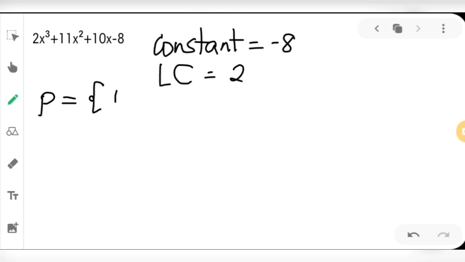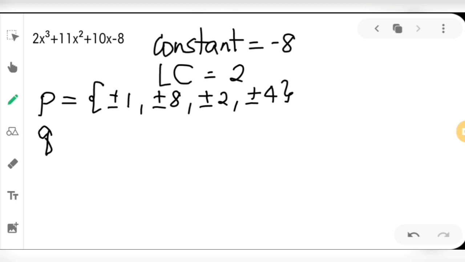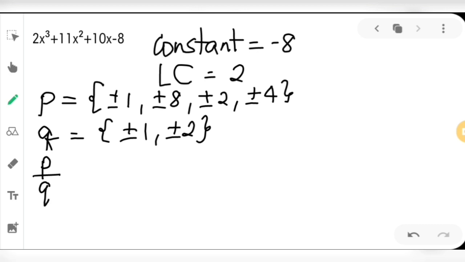So we have positive negative 1, positive negative 8, positive negative 2, and positive negative 4. Now the factors of our leading coefficient are positive negative 1 and positive negative 2. Now in this case, the leading coefficient is not equal to 1.